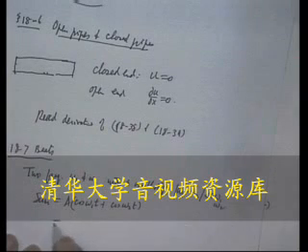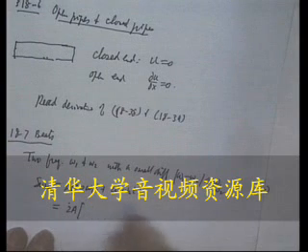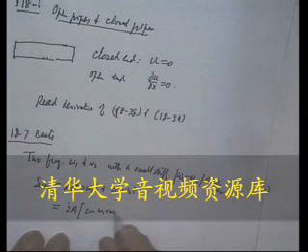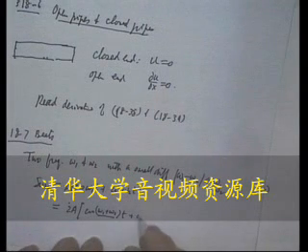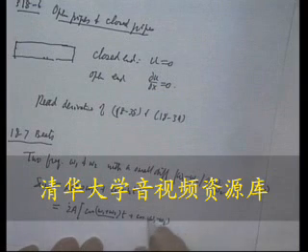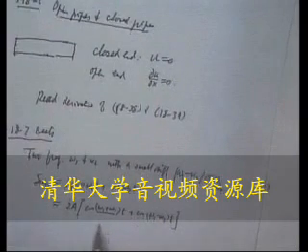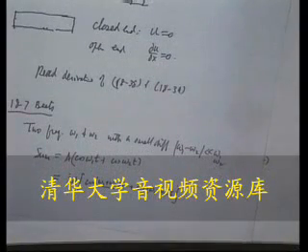Then using the sum formula, you get 2 cosine of (omega 1 plus omega 2)/2 t times cosine of (omega 1 minus omega 2)/2 t, because that's cos cos minus sin sin, and therefore... no 1/2, sorry.